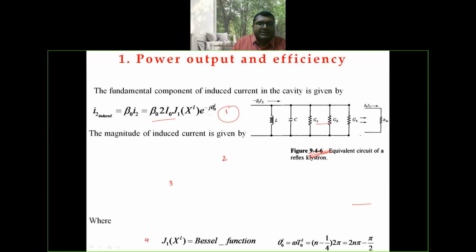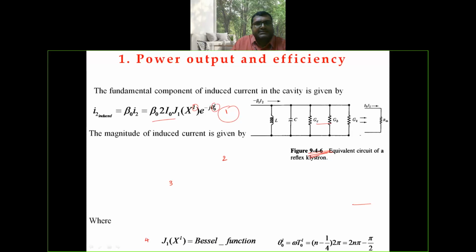This equation is similar to the equation which we already derived in the klystron. The only difference is the bunching parameter x dash and gap transit angle theta naught dash.